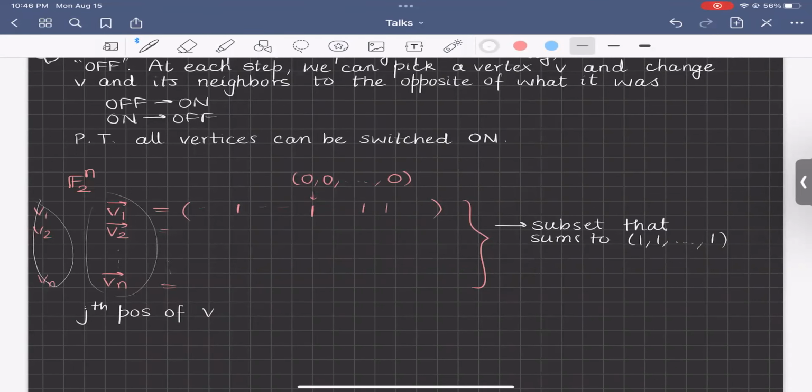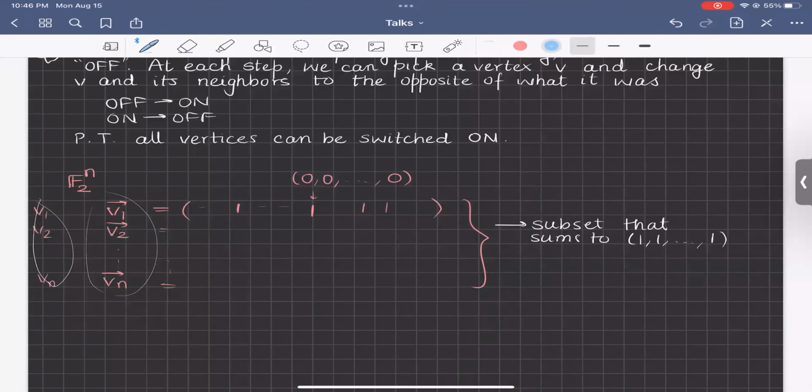These are the vertices, and these are the vectors corresponding to the vertices that switch them on. For example, if V1 is the first vertex and it's adjacent to the third and fourth vertices, then this would be 1, 0, 1, 1, 0, let's say if there are only 5 vertices.